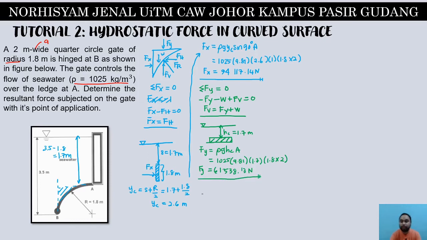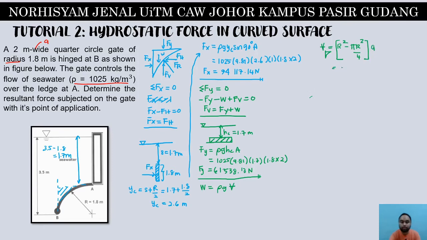Now you will have to find out W. W is equal to rho times g times V. For this picture, because this is not the shape of a quarter circle, the shape is like this, so we will have to use r square minus pi r square over 4 multiplied by the width.